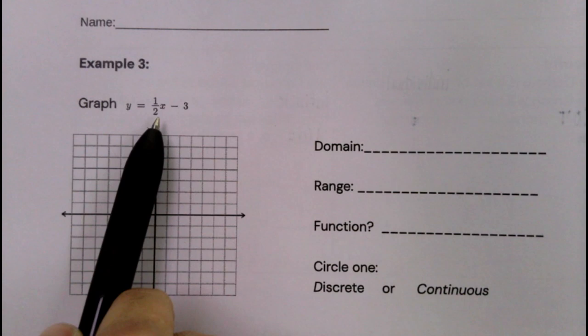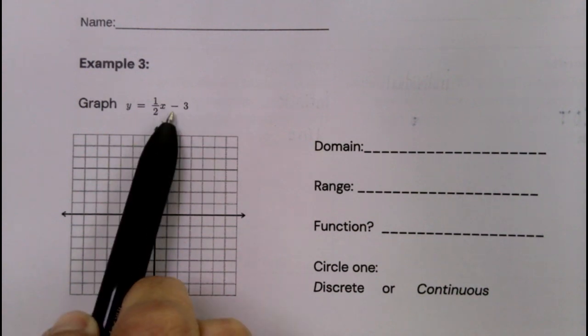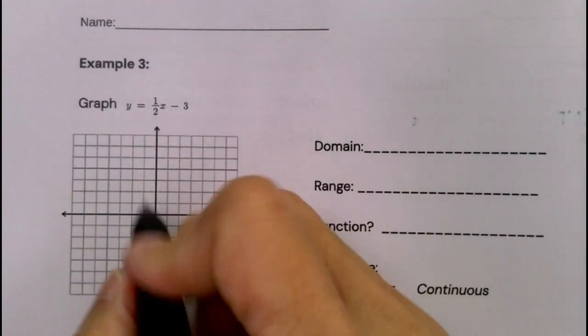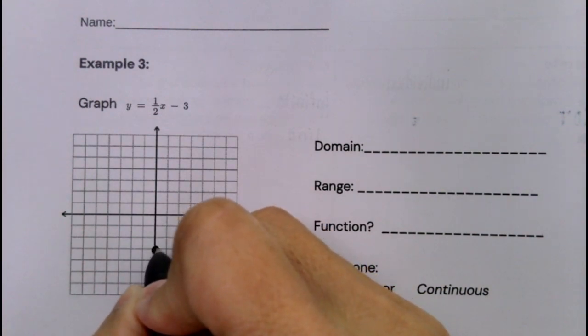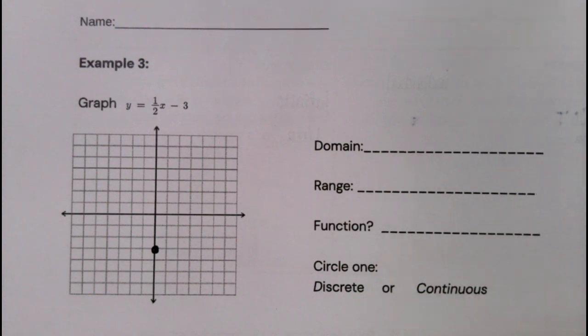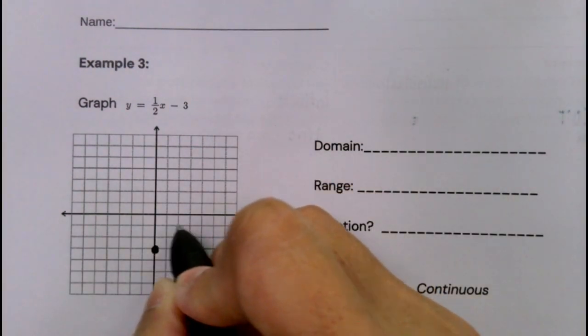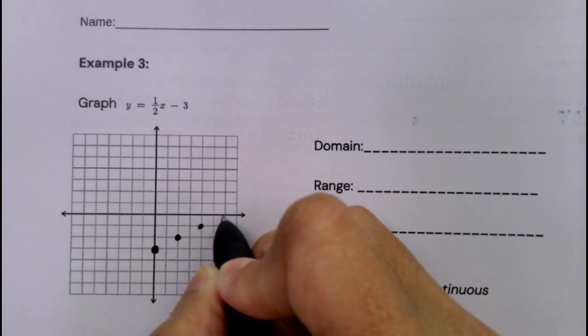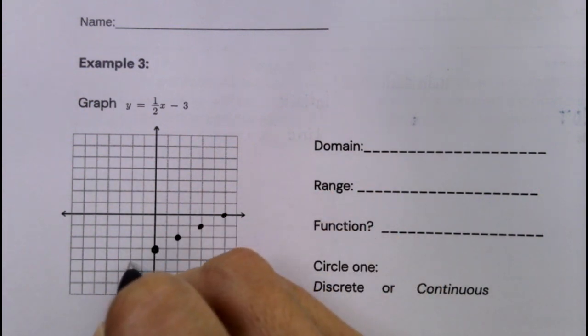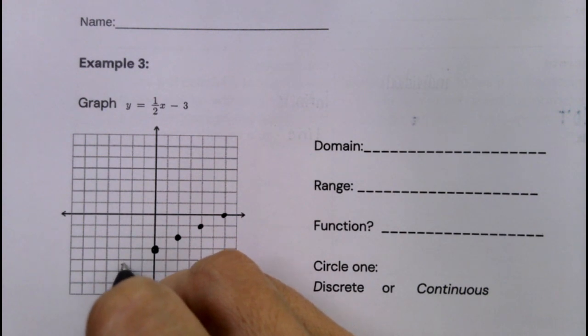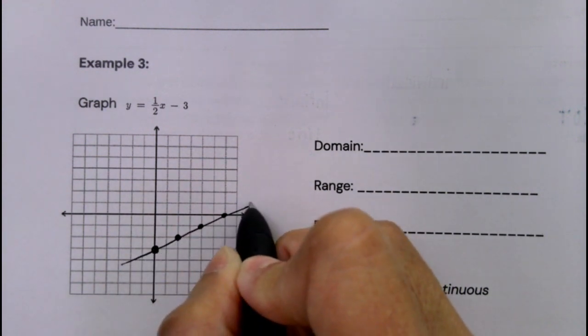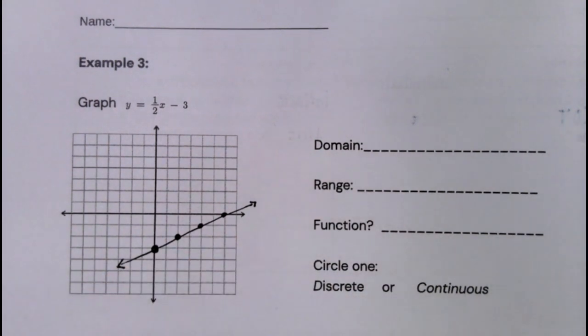So if we look at this, we know that we're going to start at -3 on the y-axis. And then our slope is 1/2. So we're going to go up 1 over 2. I'm going to do that a couple times just so that I can get my line to be straight, since I don't have a straight edge up here. I usually do, but I don't have any in the bins right now.